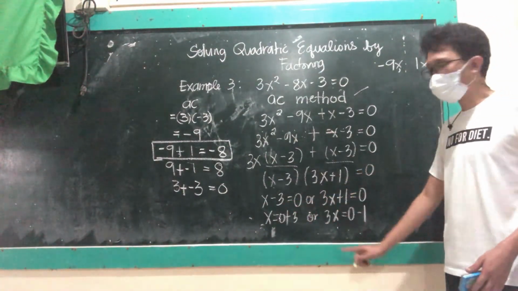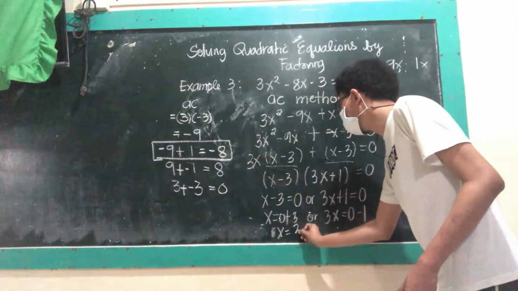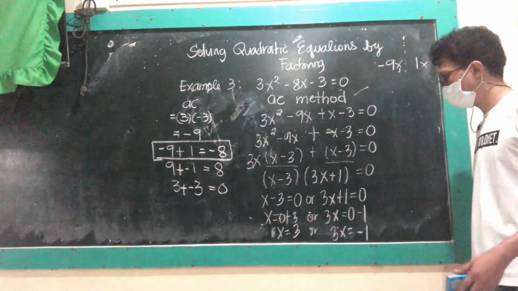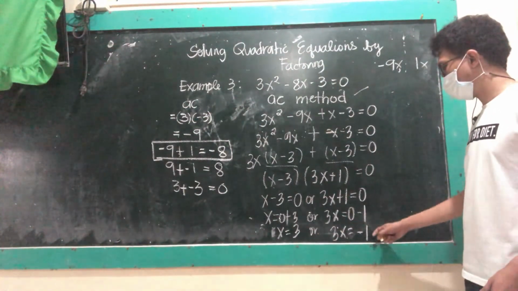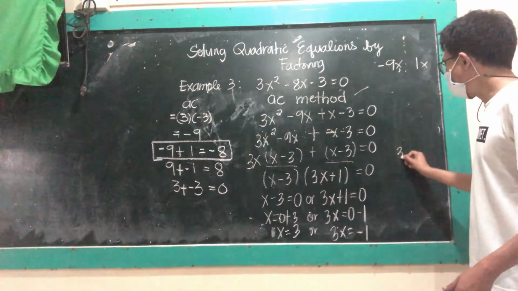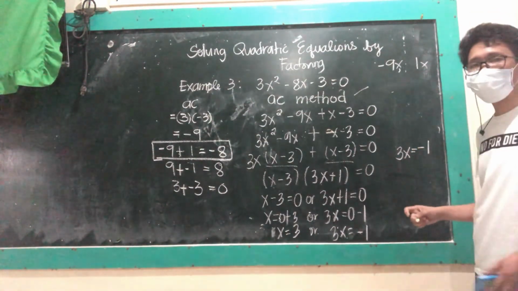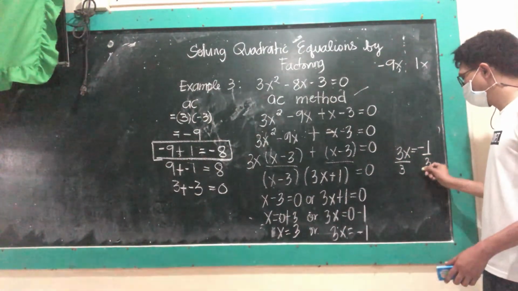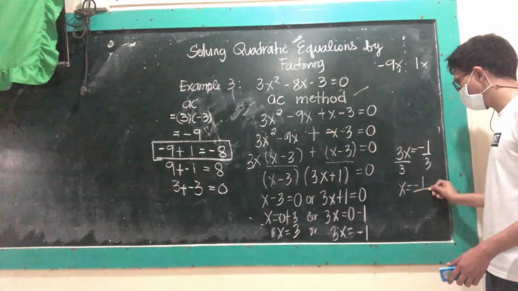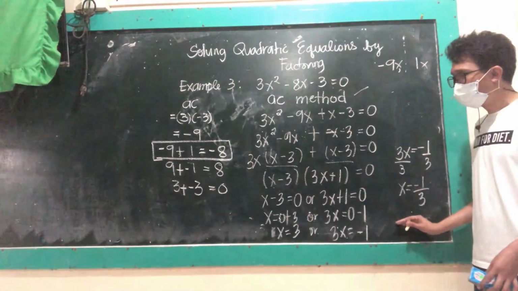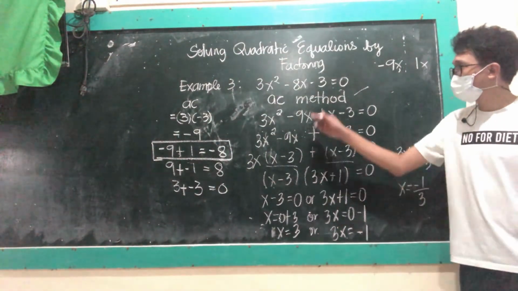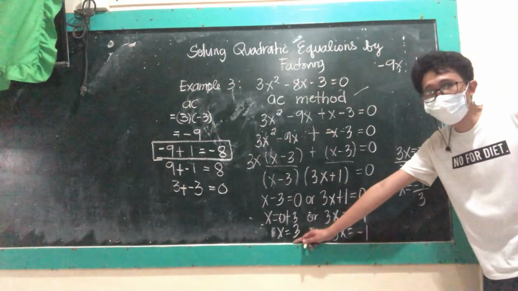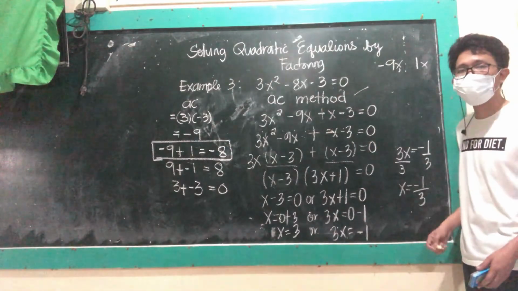So x is equal to 3, or 3x is equal to negative 1, since 0 minus 1 is equal to negative 1. Then for 3x equal to negative 1, we will eliminate 3 here, so we will use the division property. So x is equal to negative 1/3. Therefore, the values of x in the equation 3x squared minus 8x minus 3 is equal to 0 are x is equal to 3, or x is equal to negative 1/3.